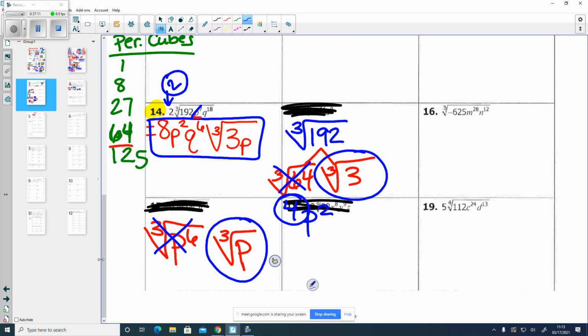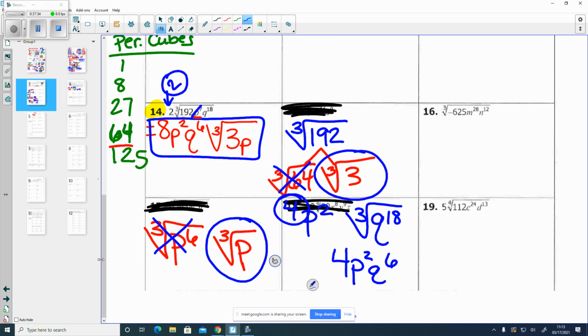And then the last one is q, the cube root of q to the 18th. 18 is a multiple of 3, so we're good. So it's 6. We're going to end up with that 4, that p squared, and q to the 6th.